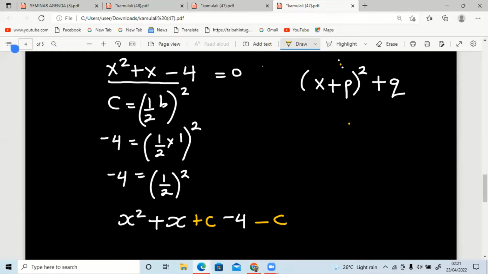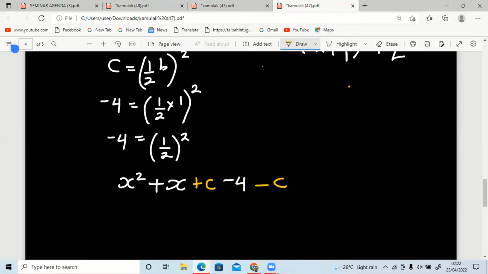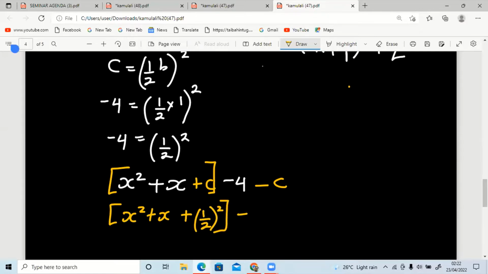You add and then subtract. So what am I going to do now? I'm going to have this bracket closed. And I'll have this as x squared plus x. What is my c? My c is the same as 1 out of 2, all of it squared. Then minus 4 minus my 1 out of 2 squared.